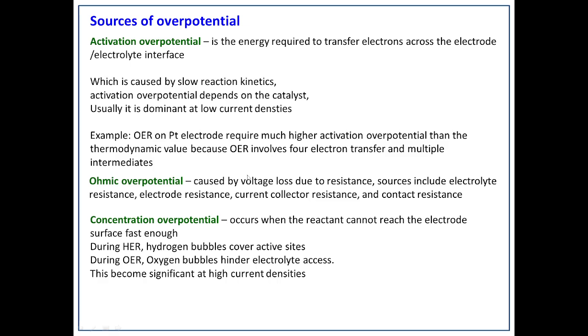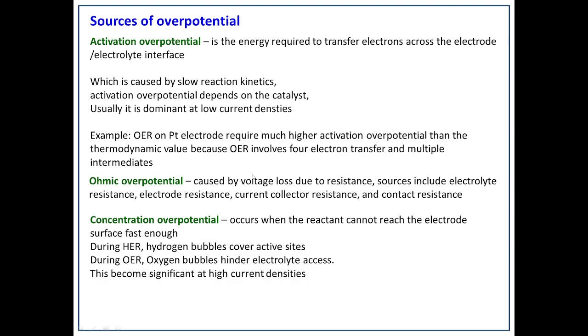The second reason is ohmic overpotential, which is caused by voltage loss due to resistance. Sources include electrolyte resistance, electrode resistance, current collector resistance, and contact resistance. Because of these kinds of resistance, we need extra potential.